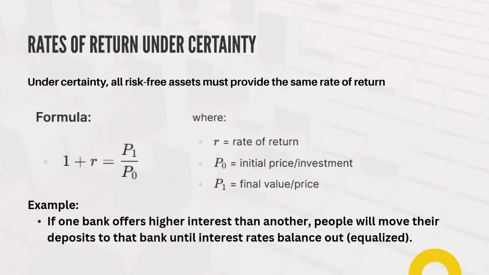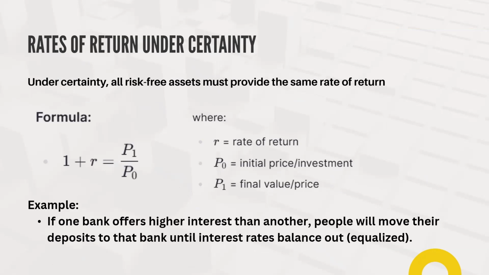Now we want to discuss rates of return under certainty. Under certainty, all risk-free assets must provide the same rate of return. If this rule is violated, then it can create an arbitrage opportunity, which we will discuss in the next slides.